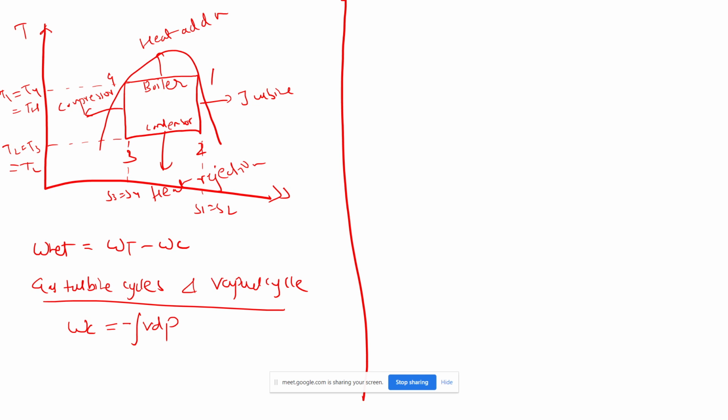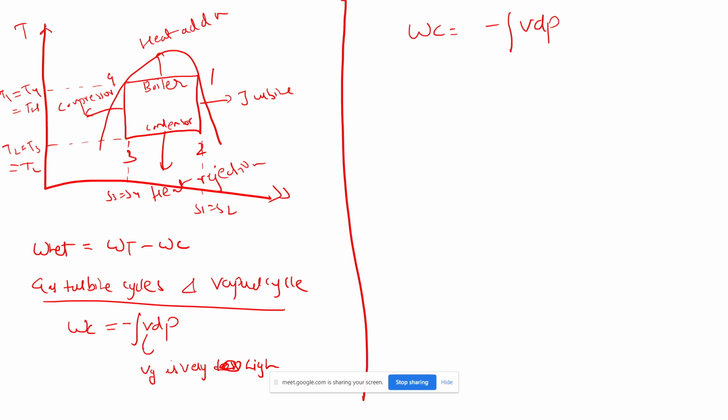In case of gases, the value of Vg is very high.